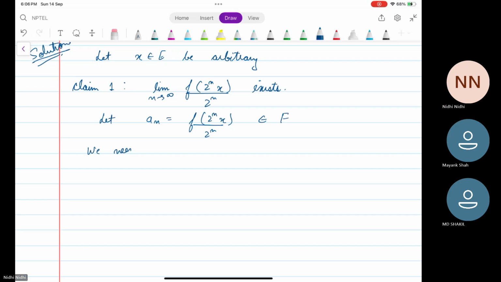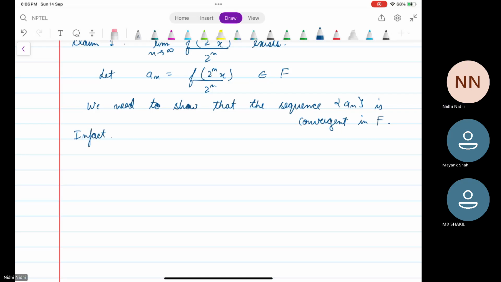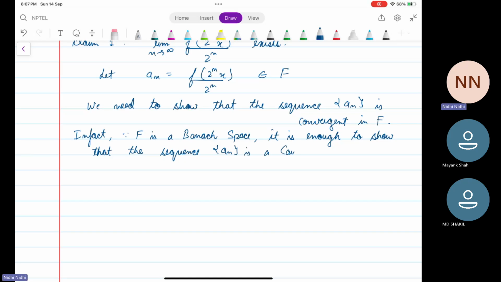We need to show that the sequence a_n is convergent in F. In fact, since F is a Banach space, it is enough to show that the sequence a_n is a Cauchy sequence.